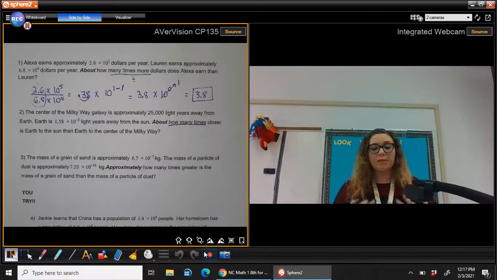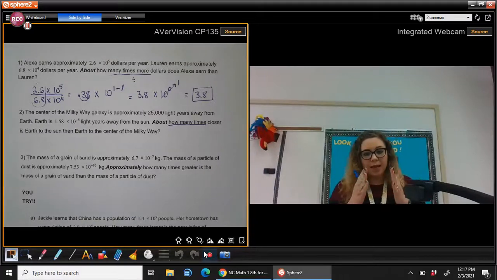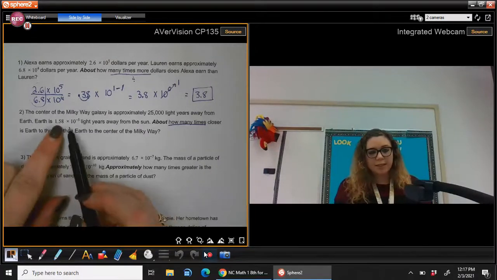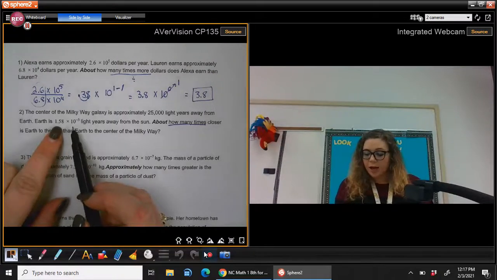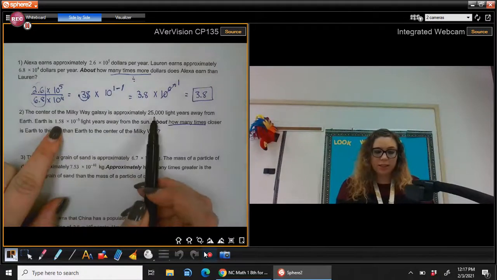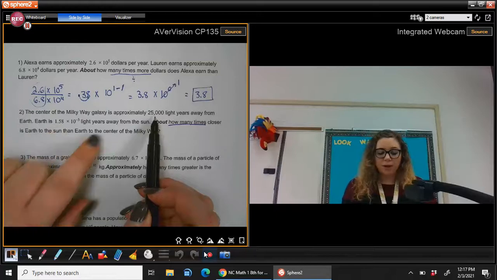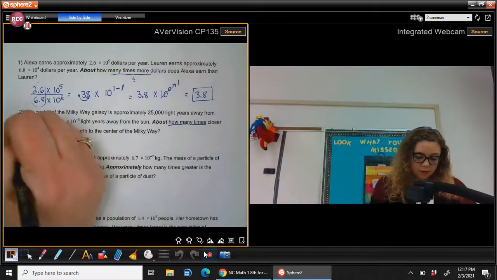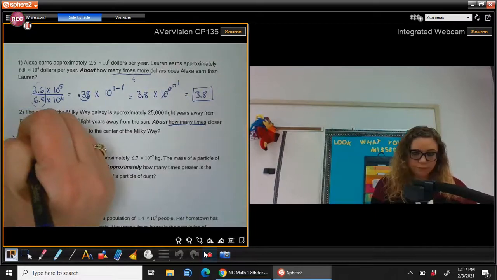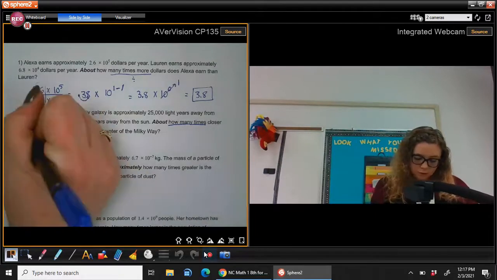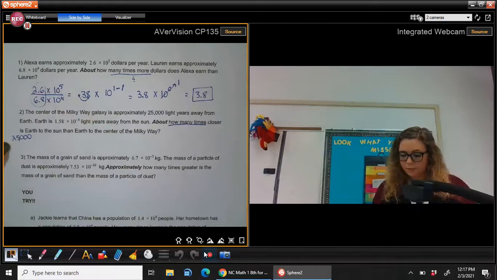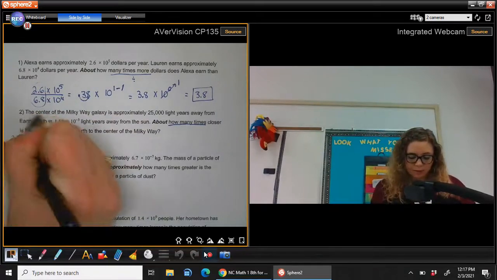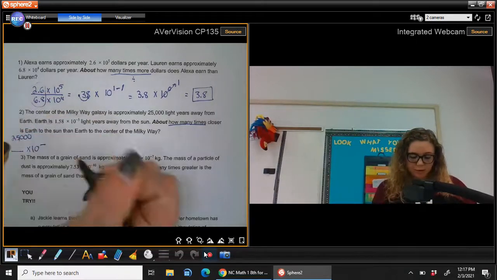But the thing is, if we divide, they both have to be in the same form. So this is in scientific notation. However, this is not. So the first thing we have to do is convert this to scientific notation. So I'm going to come out to the side. Remember, I'm going to have a number times 10 to an exponent.